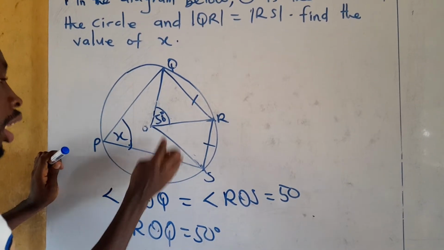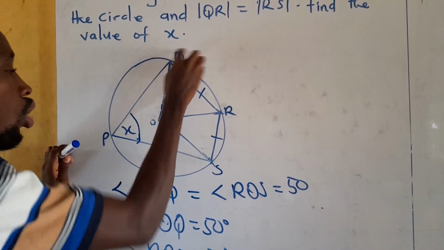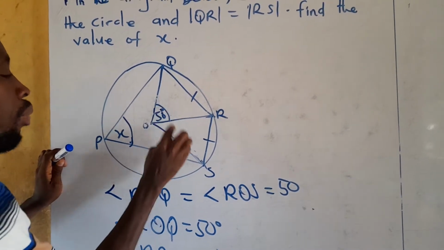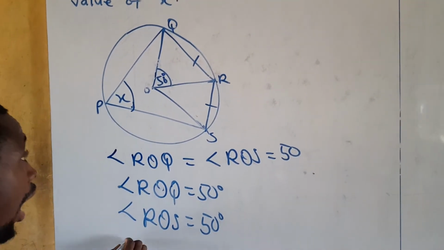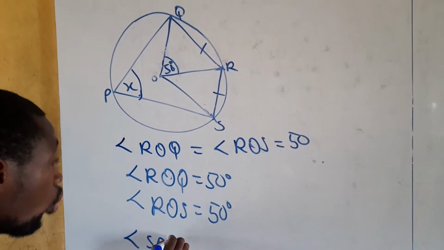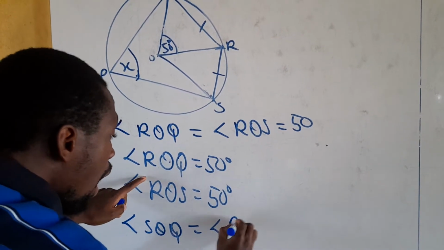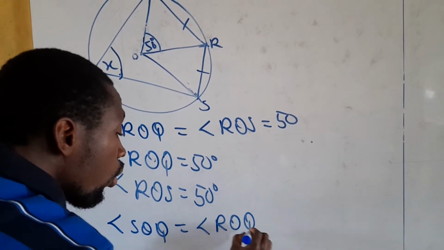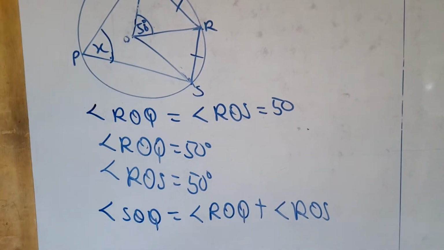Then we know the angle here now. The angle here, that's angle SOQ, is equal to this angle plus this angle. So what do we say? We say angle SOQ is equal to angle ROQ plus angle ROS.